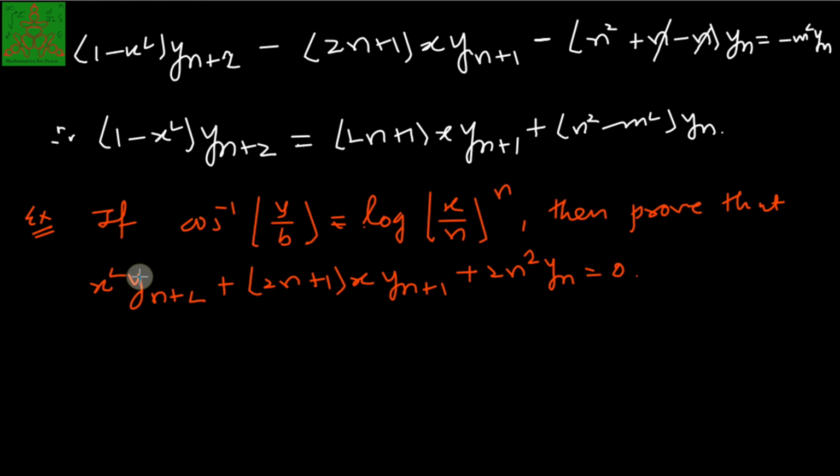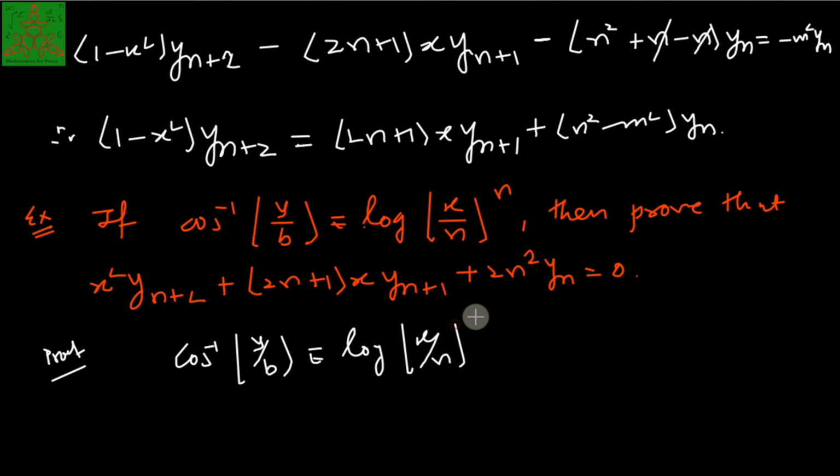Now to solve this one, again the same technique is used as we did in the previous example. So first of all, what we'll do is we'll just write down what this expression y is equal to. What is given is cos inverse of y by b is equal to a log of x by n, power n is there.